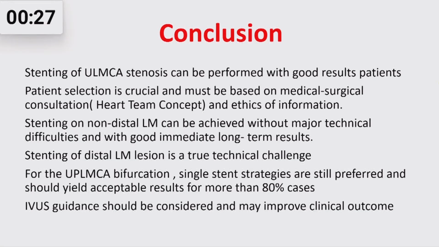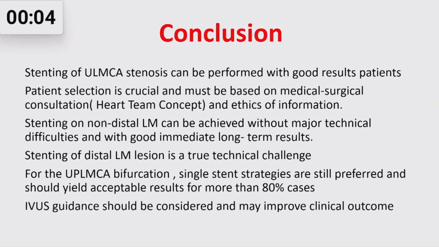In conclusion, ladies and gentlemen, we can say that stenting of the unprotected left main stenosis can be performed with a good result. Patient selection is crucial and must be based on medical-surgical consultation. We have to consult with the surgeon and also the patient's party, and the ethics of information is also important. We should not be biased.